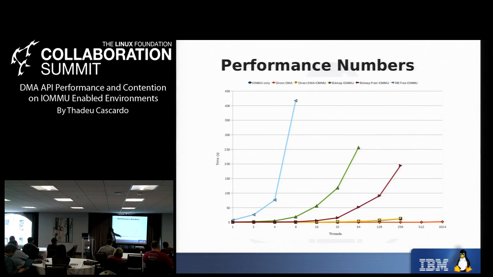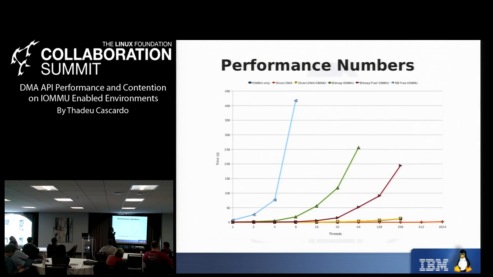The code we had about a year ago on Power is this green line. It's basically a bitmap. So we try to find in the bitmap a sequence of bits that allows us to map the number of pages we need. So it's just a bitmap find free area or something like that.